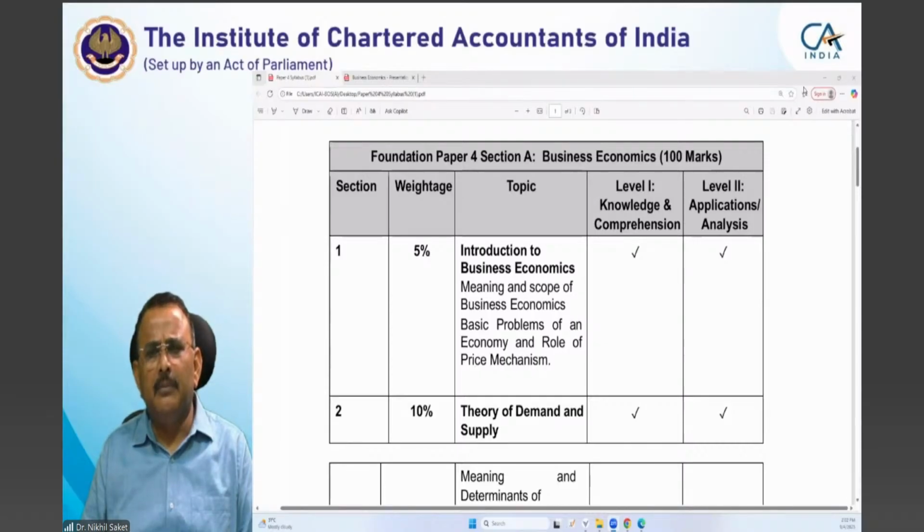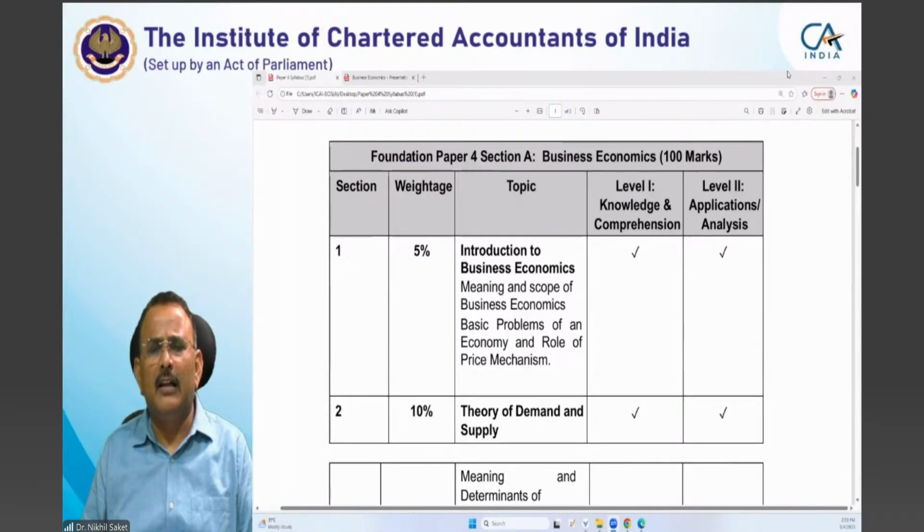For this, the whole syllabus, the weightage, the types of questions, the marking pattern, we will be discussing all of it. Generally, I hope most of the students appearing for the September 2025 examinations are aware of that, but for those who have missed out, I will tell them again that this is an objective type paper where 100 questions will be there, and every question is of 1 mark.